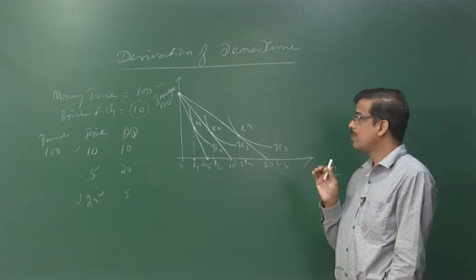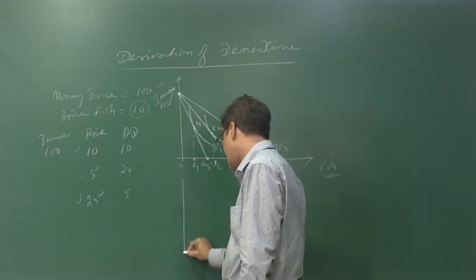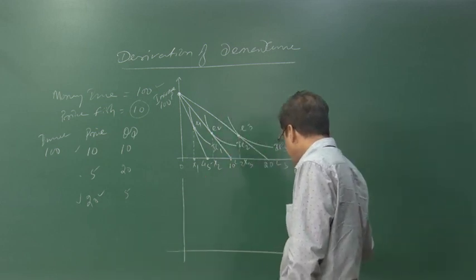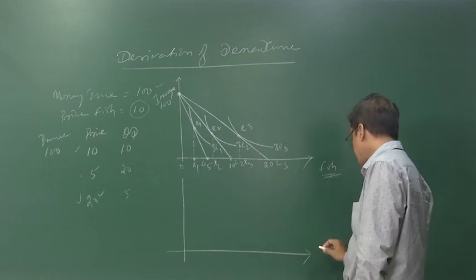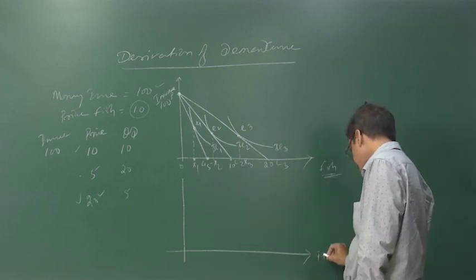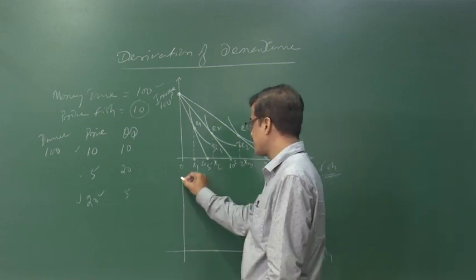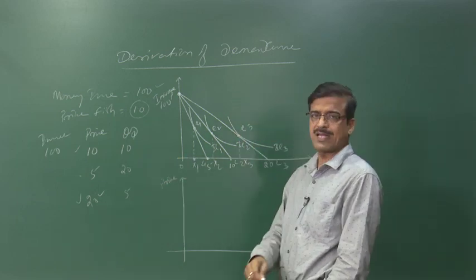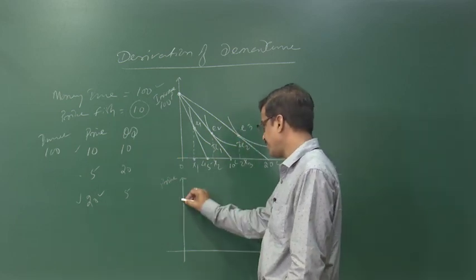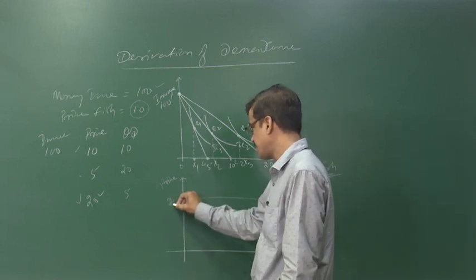Okay. Now, considering those equilibria, we have to draw the demand curve. On the horizontal axis, vertically below, we take the quantity demanded of fish, and on this axis we take the price. We take three different prices. The higher price is 20 rupees.